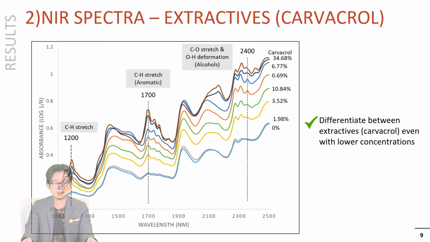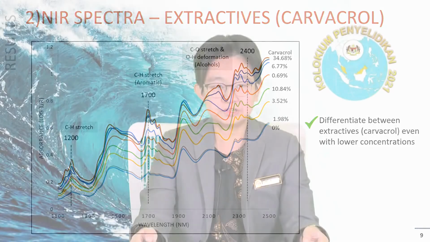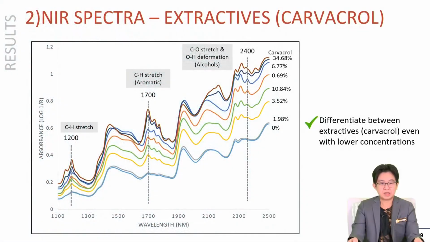Next, we ran the near-infrared spectroscopy for the extractive. For this study, we used the extractive-free wood timbers that we produced earlier, and we treated each of the samples with carvacrol, which is an extractive that contributes to the durability of Alaskan yellow cedar.